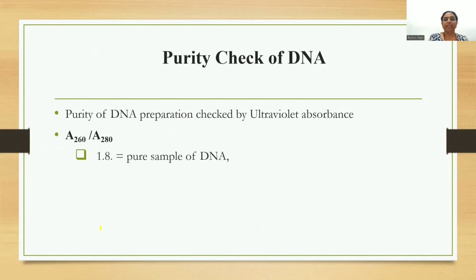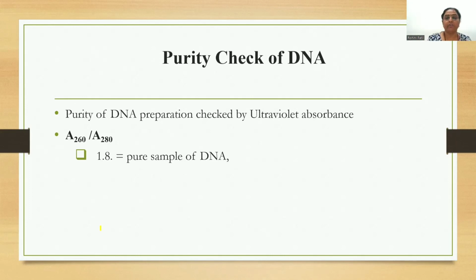If we are getting the ratio 1.8 to 2, that is, the ratio of the absorbance at 260 nanometer by the absorbance at 280 nanometer is in between 1.8 to 2, then the DNA prepared is a pure one.